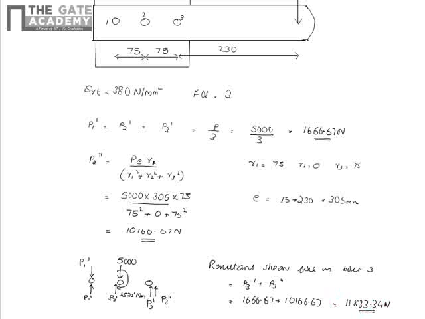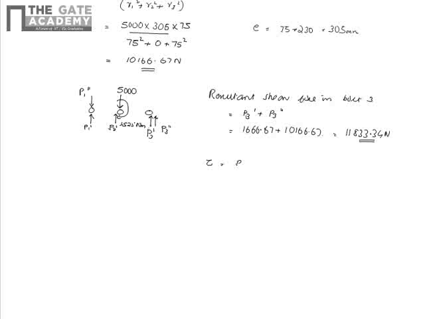So what will be the resultant shear stress? Resultant shear stress will be P by A, that will be P by pi d square by 4, that's equal to 4P by pi d square. So this will be equal to 4 into 11833.34 divided by pi d square.